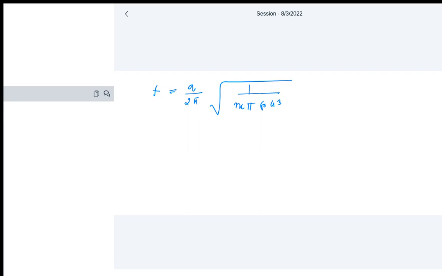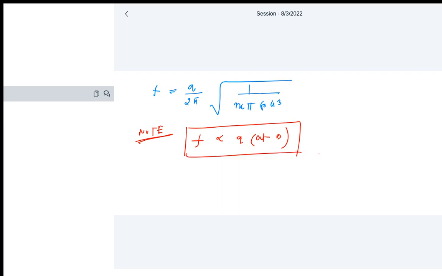So from this expression we can find some important notes. Frequency is directly proportional to q. It means q at d. This is the expression, q at d.